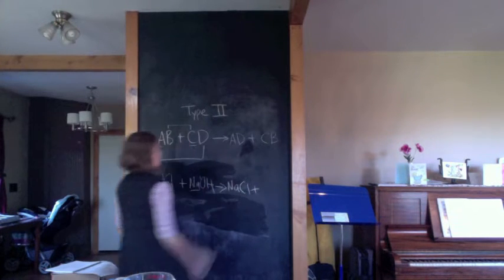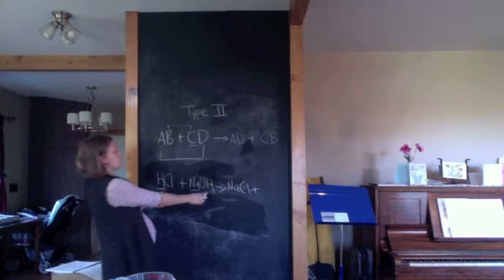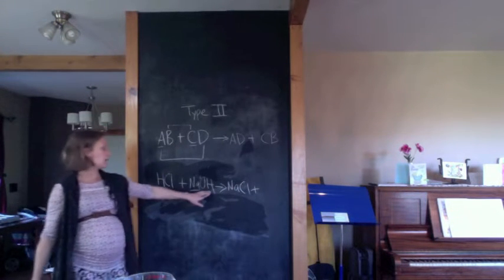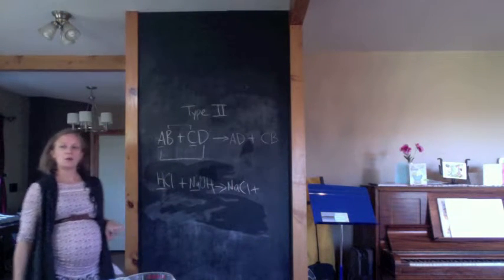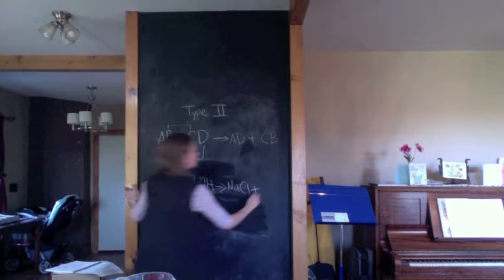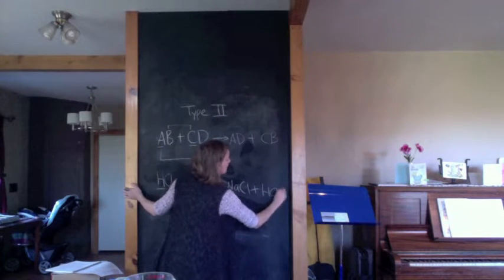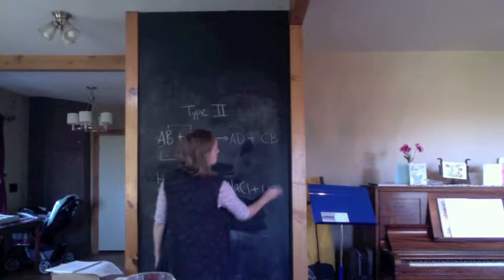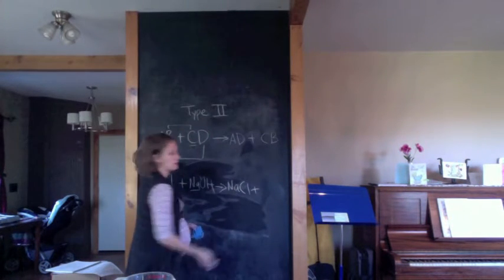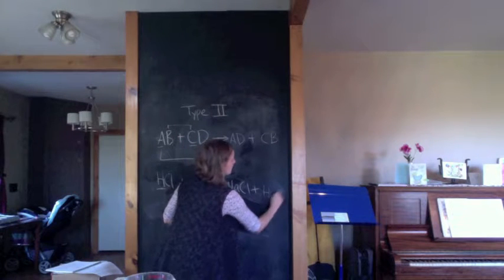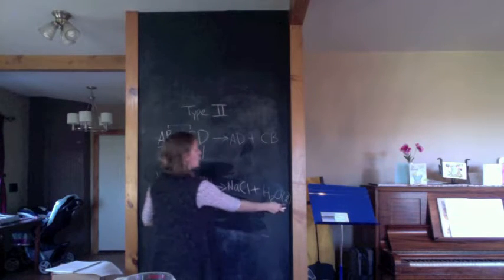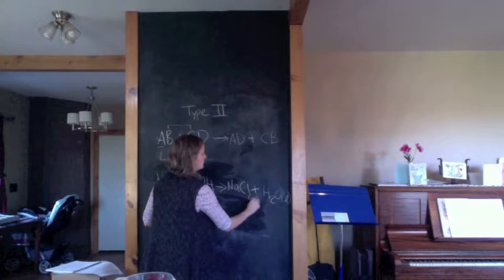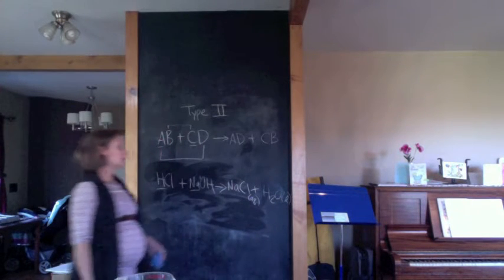And I see a lot of students writing HOH. That's the way you initially put it together, cation, anion. But think about what is HOH? What's an easier way to write that? It would be H2O. We have 2 hydrogens and 1 oxygen. We always write that as a liquid unless otherwise indicated. And sodium chloride is aqueous.